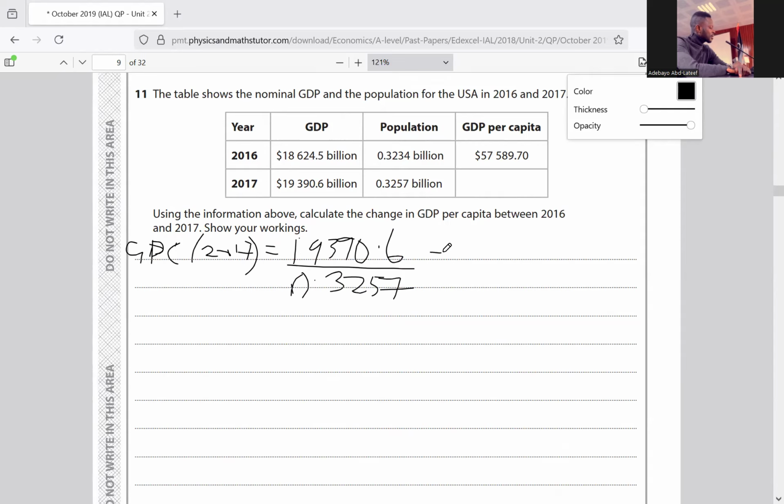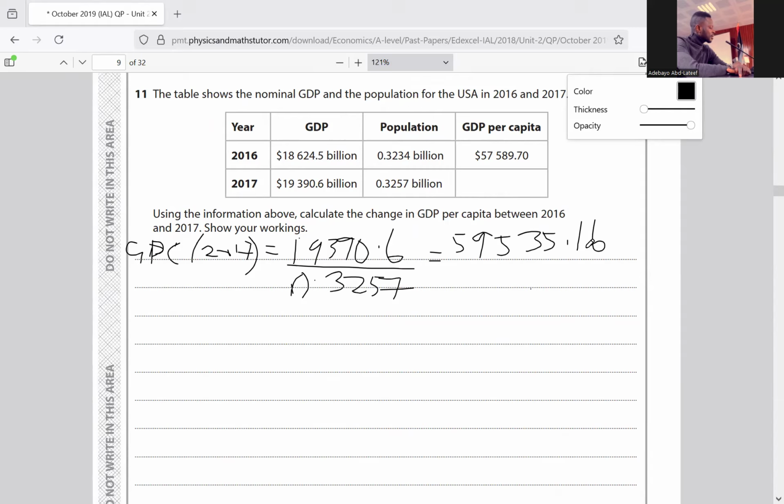So that gives us the GDP per capita, which is 59,535.16. So this is the GDP per capita for 2017.